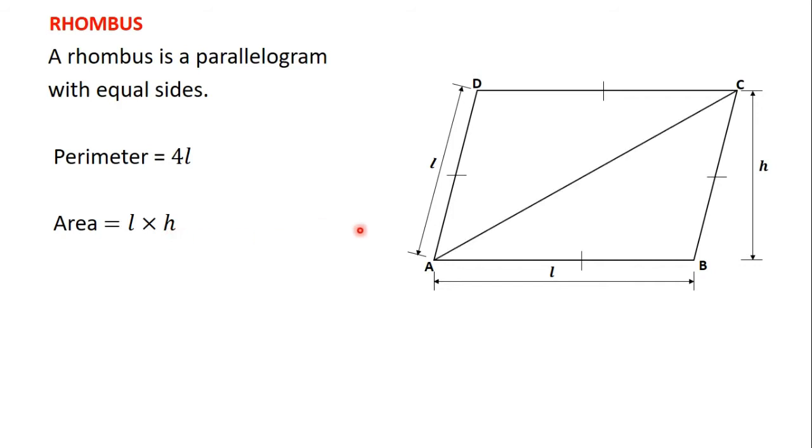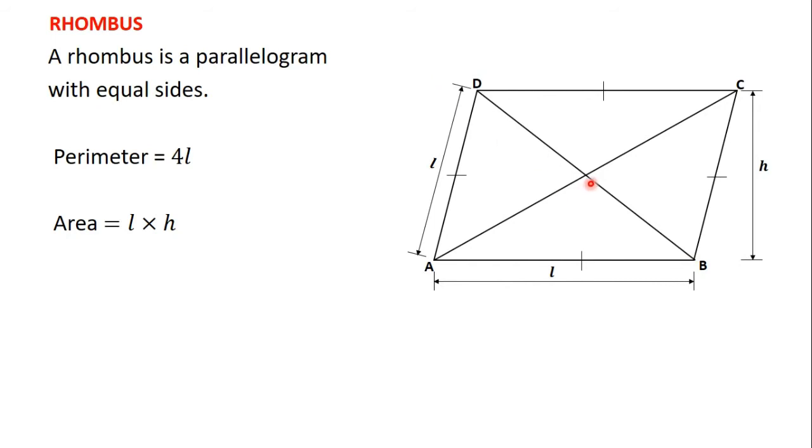The other one is using the diagonals. If you draw a line from A to C, it's called a diagonal of the rhombus. If you draw another line from B to D, it's also called a diagonal of the rhombus. So you see that a rhombus has two diagonals. In this diagram, one of them is AC and the other is BD.